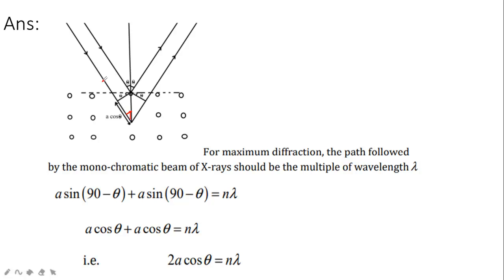The path difference is the path traveled by the ray inside the material or the sample. So A cos theta plus A cos theta equals n lambda, which will be a multiple of the wavelength of the incident beam. So we can say 2A cos theta equals n lambda.